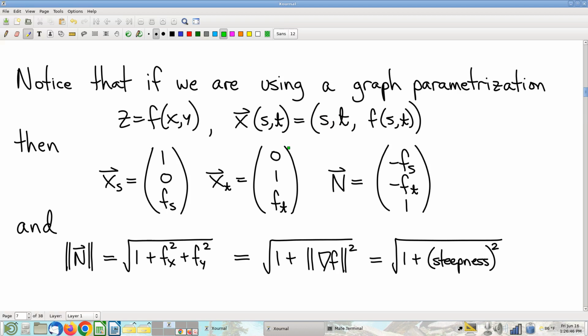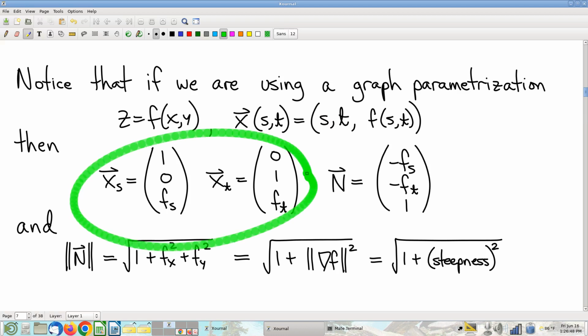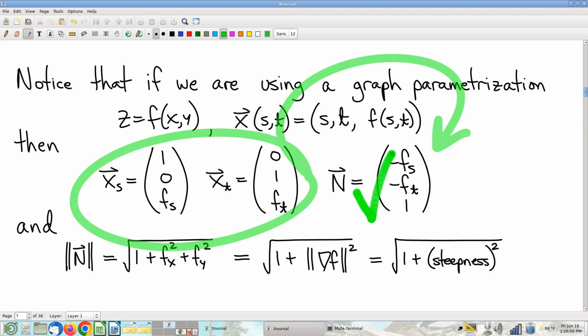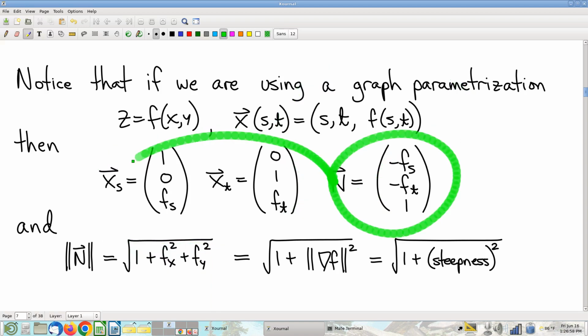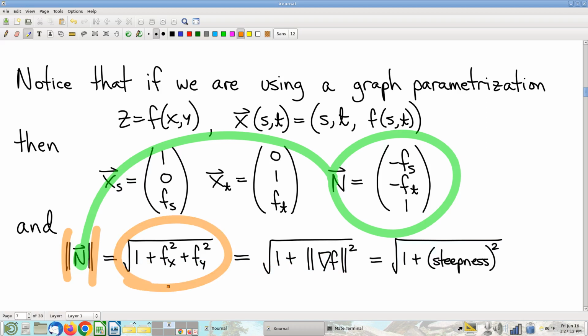The cross product of these will always be that. Simple calculation. And the magnitude of this cross product will always be, well, let me do it like this. It'll always be, you know what, let's take this one step at a time. It'll always be this. Pretty easy to see.